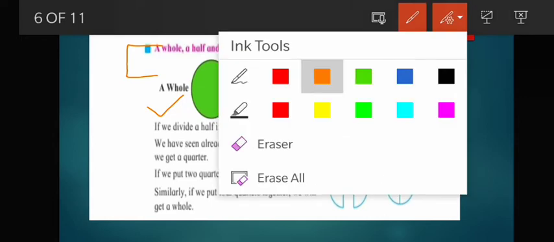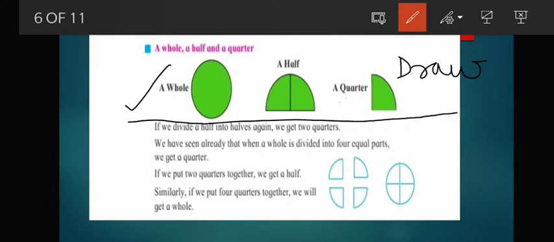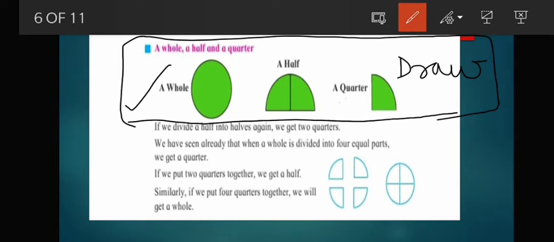Please draw this in your maths notebook. Copy this in your maths notebook. Okay? This much. And learn the names of the parts.